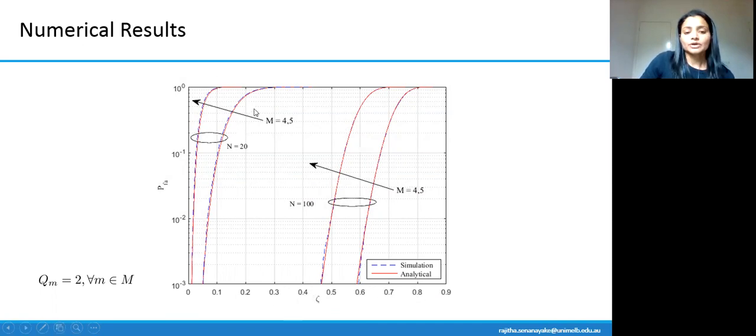I have given the plots for several parameters, changing m, the number of secondary user terminals, and also n, the number of samples I collect. I've set the number of antennas at the secondary user terminals to 2 in all of these cases. As you can see, the simulation and the analytical approximation are quite close, and it was quite an accurate approximation.